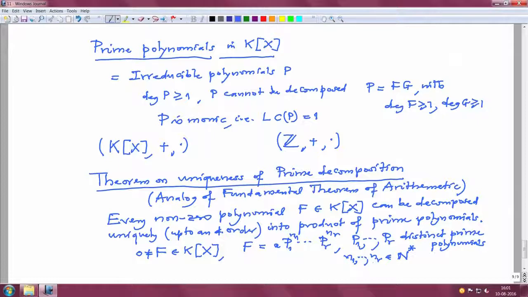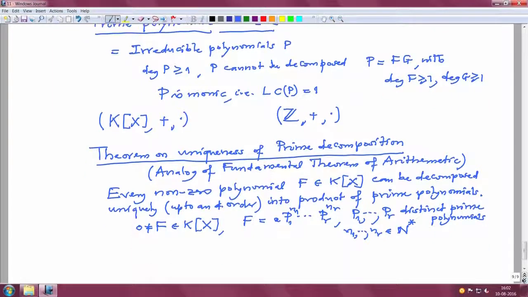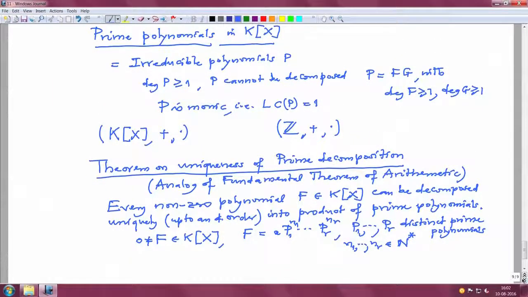They are called the multiplicities of those prime factors. So, this is the same analog of the fundamental theorem of arithmetic for this ring. This will be used quite often later in some discussion.